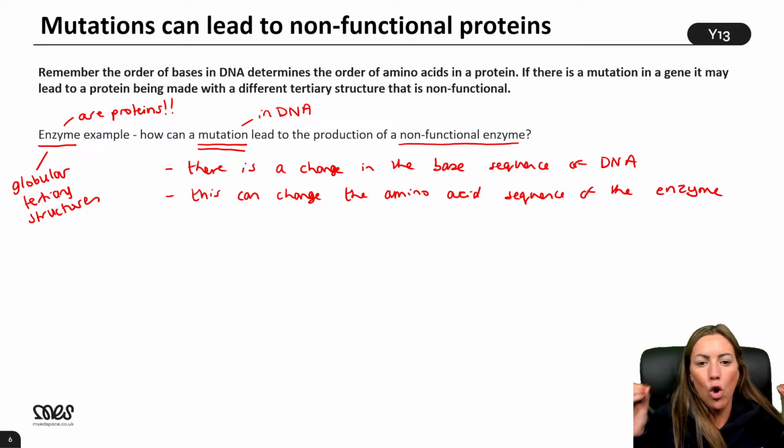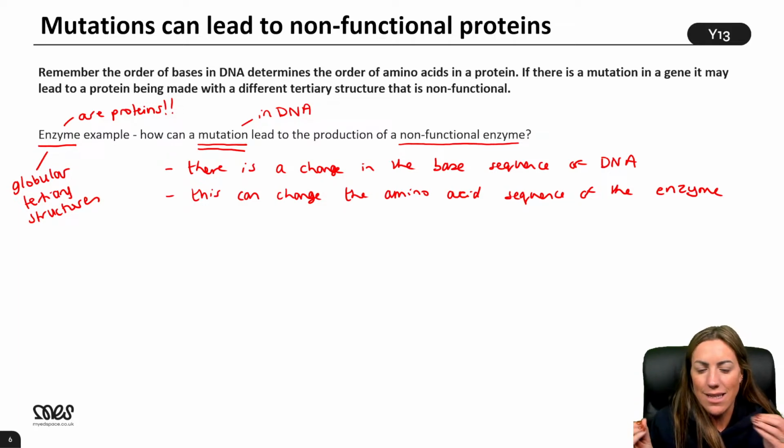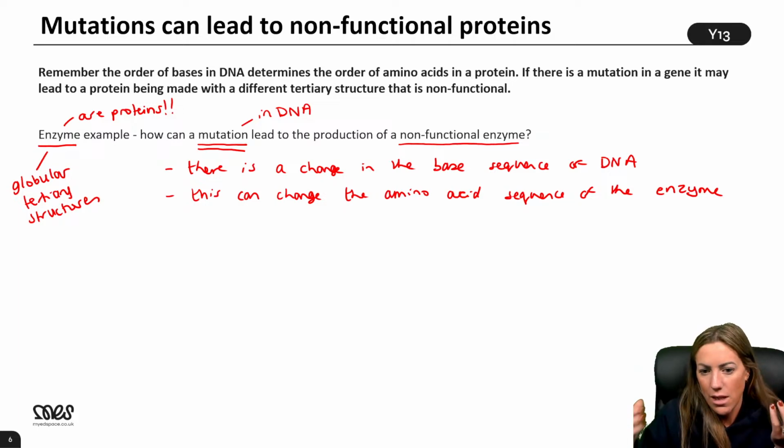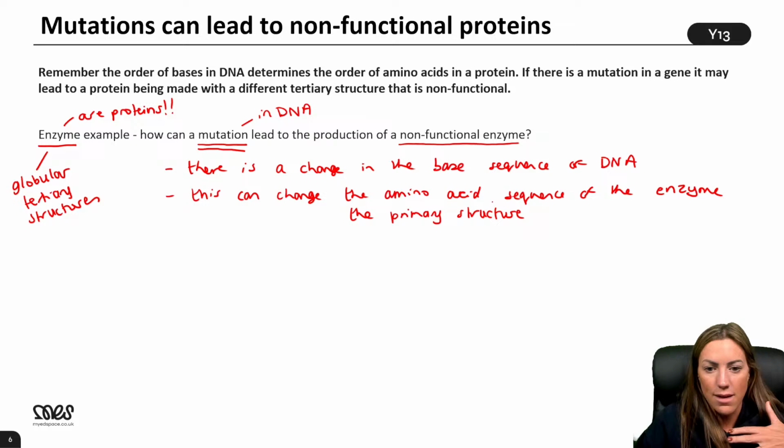The basic order of amino acids is called the what structure? Thanks, that's the primary structure. So instead of saying this can change the amino acid sequence, you could say this will change the primary structure. Same marking point, because primary structure is just the order of amino acids.